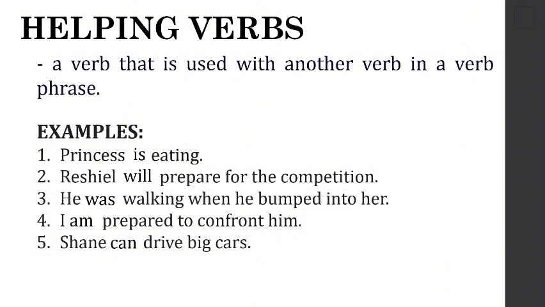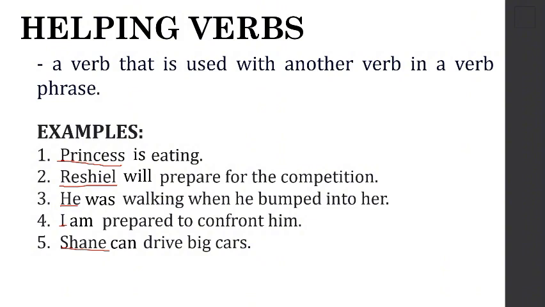We are first going to identify the subjects in the sentences. I'm sorry for how crooked my lines were. I'm not that good at maintaining a straight line, so please bear with me and do not be distracted. We have here Princess. In the second example, we have the subjects Rachel, he, I, and Shane.